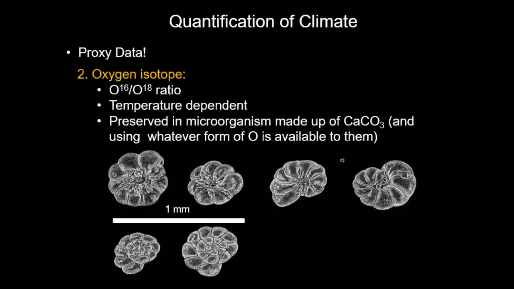So again, oxygen in its more common form is going to have a mass of 16. However, there are two other stable isotopes, which are going to be oxygen 17 and oxygen 18, in which case oxygen 17 is going to have one more neutron in its nucleus, and oxygen 18 two more neutrons in its nucleus. Out of the two, oxygen 18 is the more common.